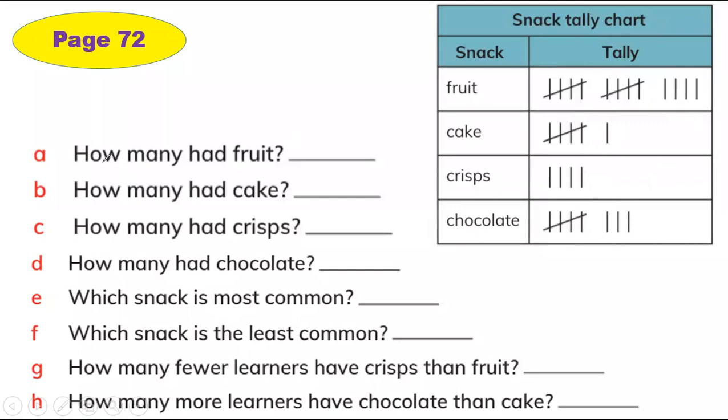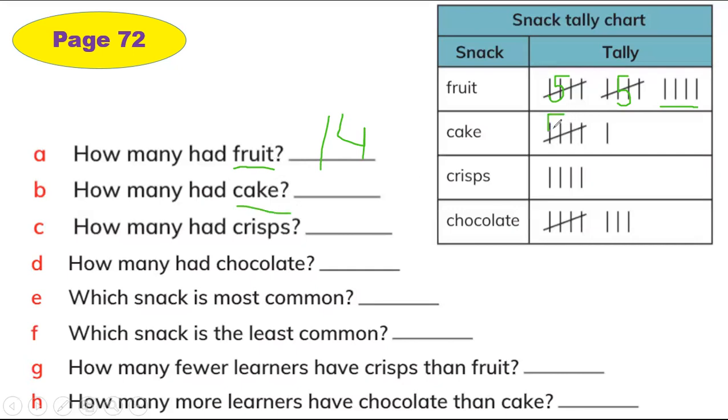So let's count how many had fruits. Look at the fruit. Here is a 5 and 5. 5 plus 5, 10. And 10 plus 4, 14. So we have 14 fruits. How many had cake?